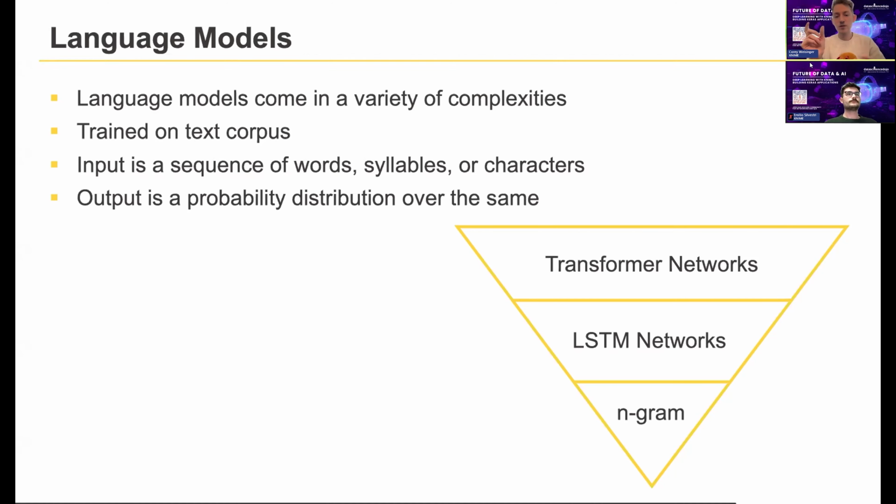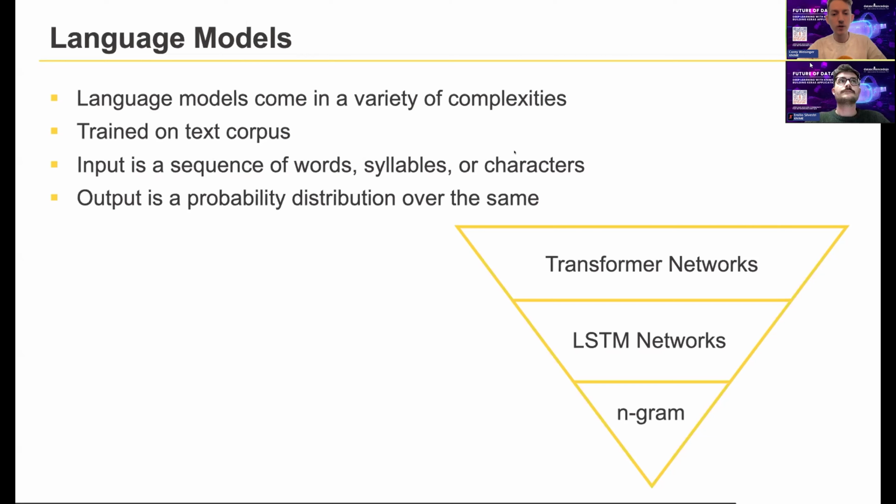It's harder to train a model that generates characters at a time, and sometimes there are too many possible outputs when we're talking about words, as of course there are tons and tons of words in the English language, so syllables are sometimes a middle ground.